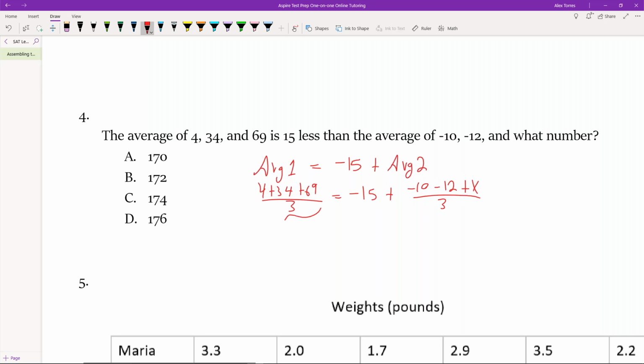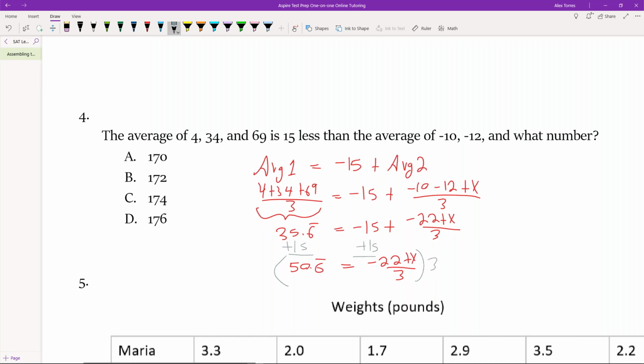So now we can calculate here, get 35.6 repeated, negative 22. Okay, so we're just calculating there. We can add 15 to both sides. So that's going to give us 50.6 repeated equals negative 22 plus x over 3.